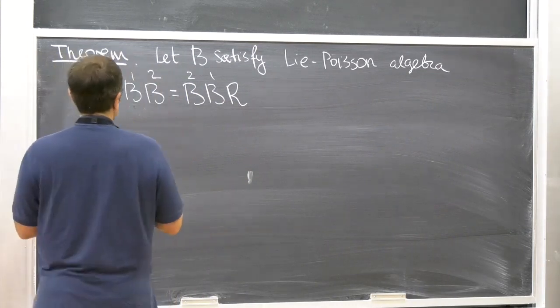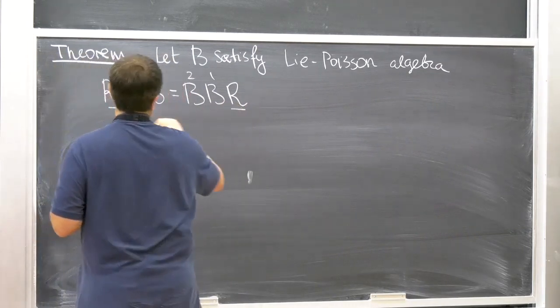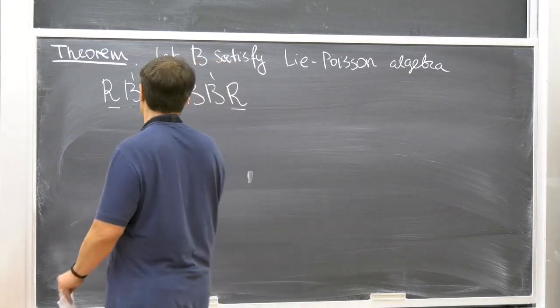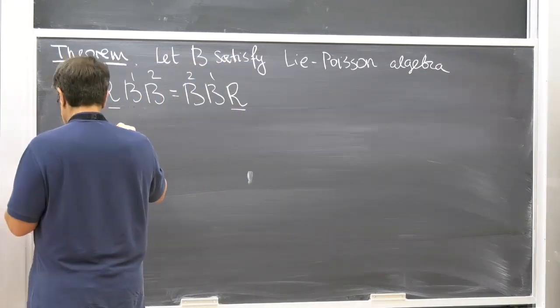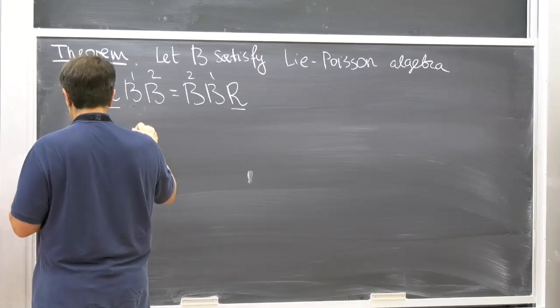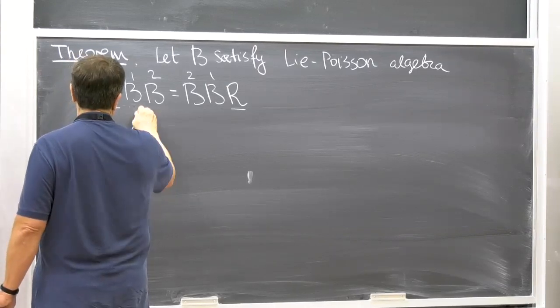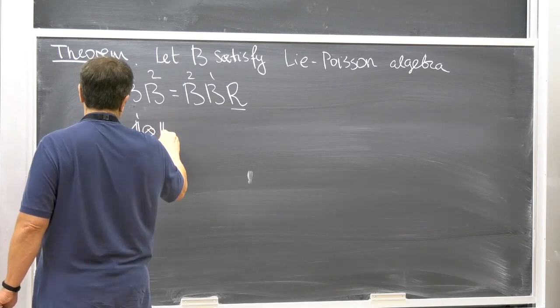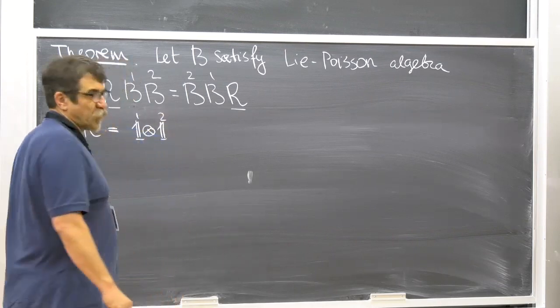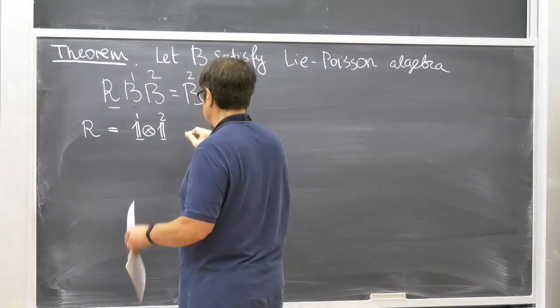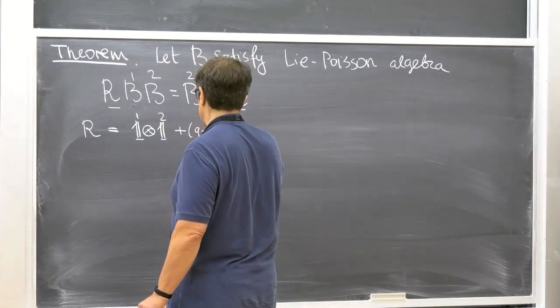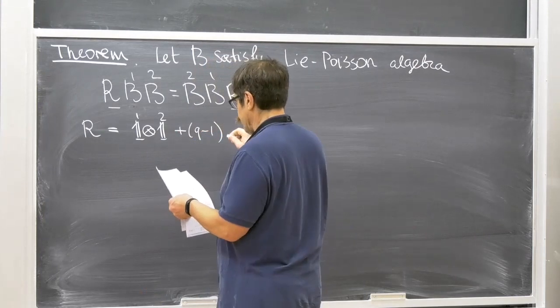Well, I will remind you what R is. R is an R matrix, a very specific R matrix. It's what is called a trigonometric R matrix without spectral parameter. There are some generalizations with spectral parameter about which I will not talk today.